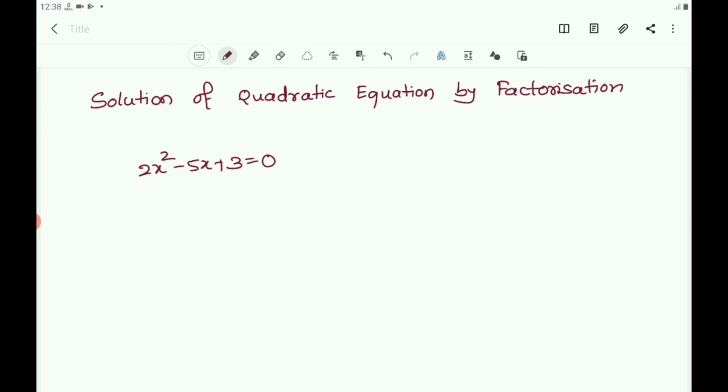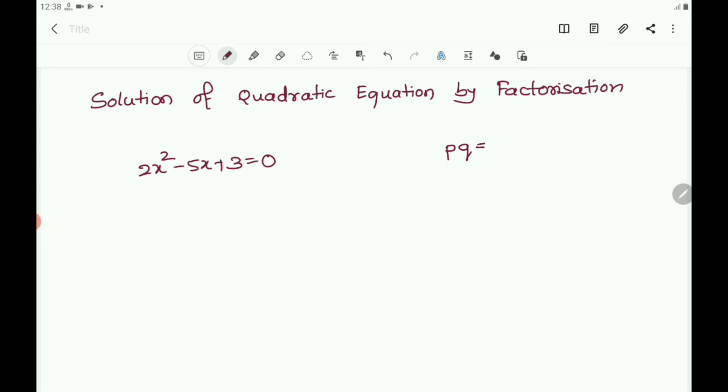Here the factorization means we have to split up the middle term by taking the sum and the product. Here we take P and Q as the two terms obtained by splitting the middle term. So P is one term, Q is another term.